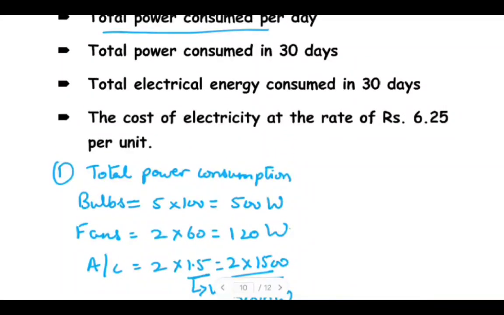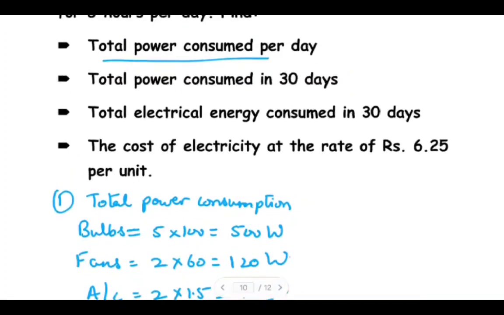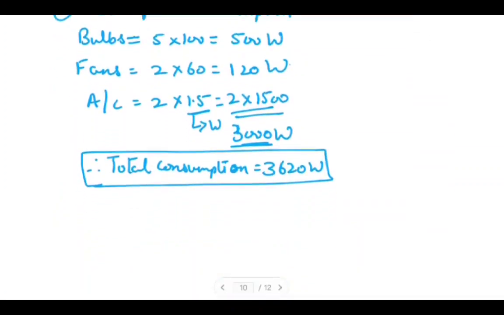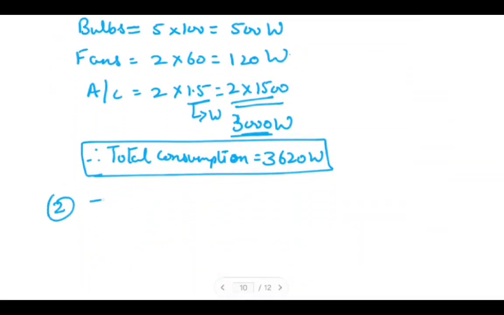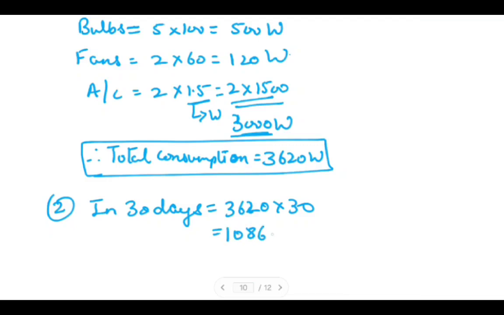Then total power consumed in 30 days. So multiply this by 30. So in 30 days is equal to 3620 into 30, which gives me 108600 watts.